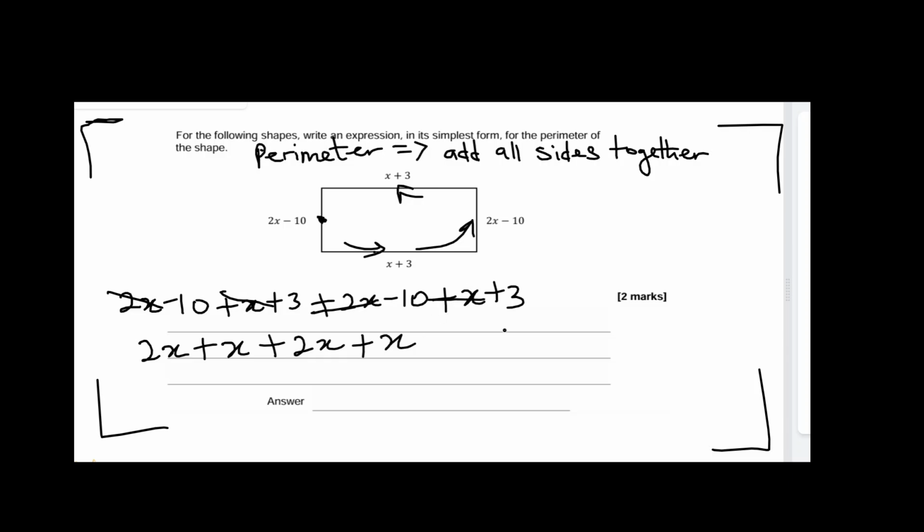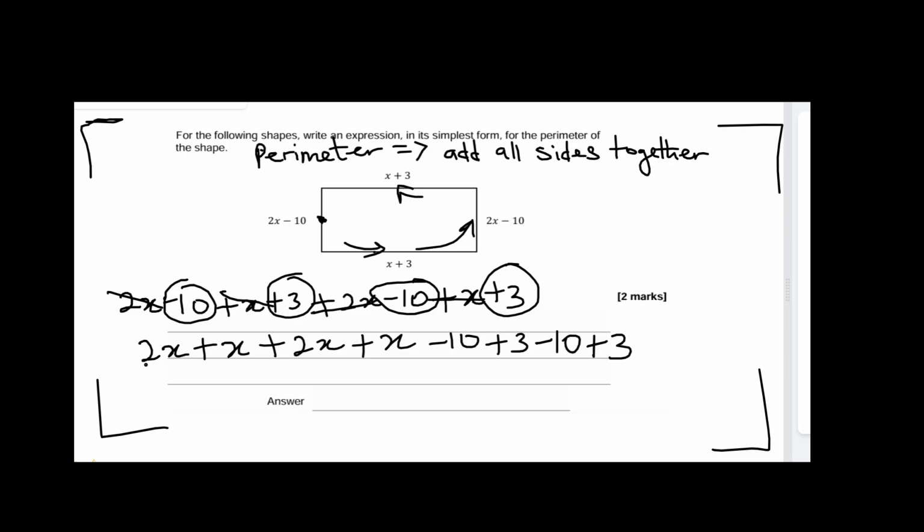And then taking all the numbers: a negative 10, a positive 3, a negative 10 again, and a positive 3. I always advise that you circle the numbers with the sign on their left-hand side so you don't forget any of your negative signs.